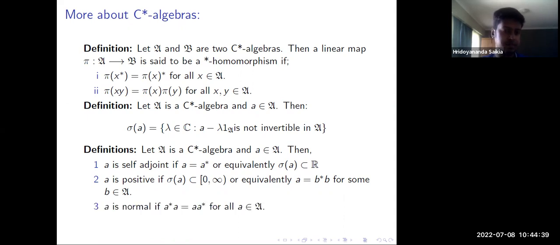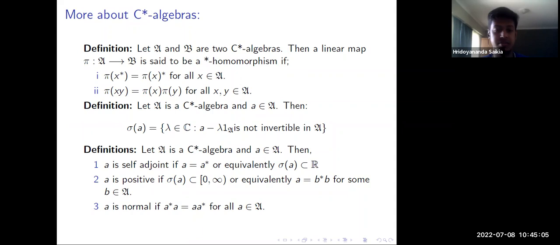And thirdly, I say that an element is normal if a star a is equal to a a star. Here there is a typo. I want to define what a normal element is. So I say that an element a is normal if it satisfies a star a equals a a star.